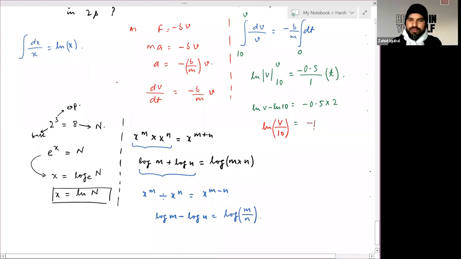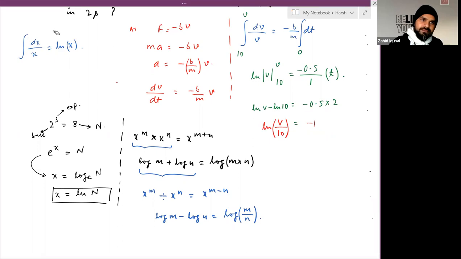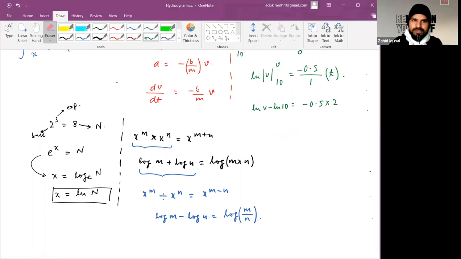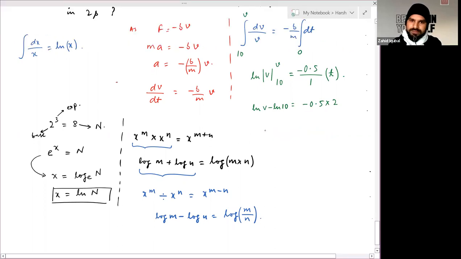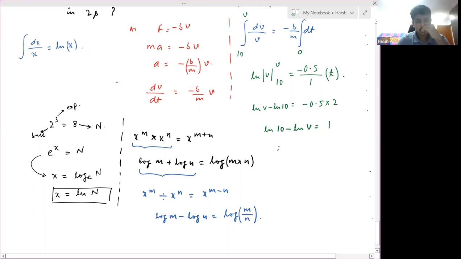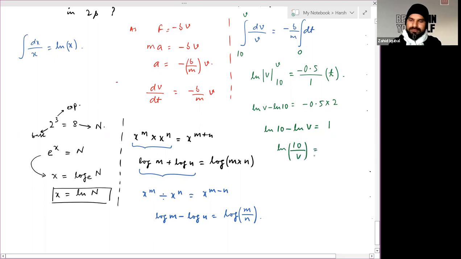To get this value in positive form, just reverse the expression. It means ln 10 minus ln v becomes positive 1. So ln of 10 divided by v equals just 1. Is it clear? Yes, sir.